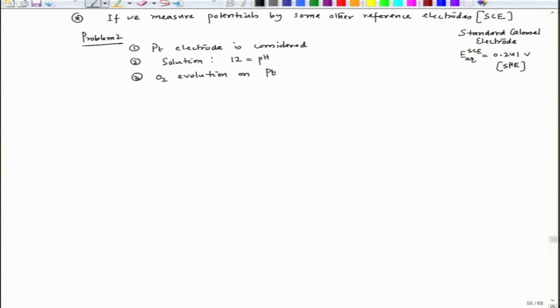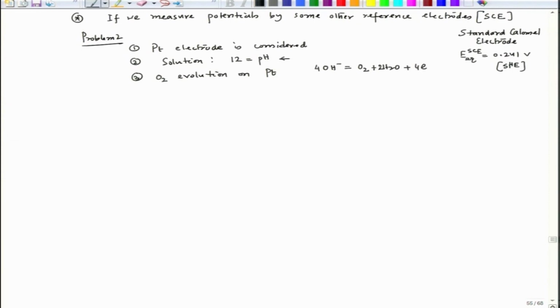Now, since it is pH 12 and since it is oxygen evolution, immediately we could make out that the reaction we have to consider is OH minus equal to O2 plus H2O plus 4e.